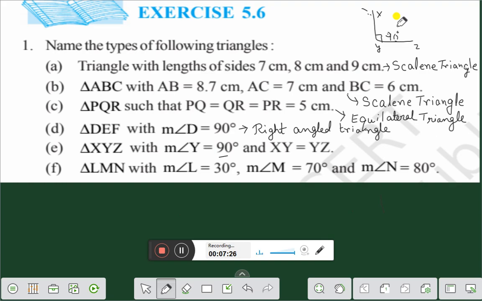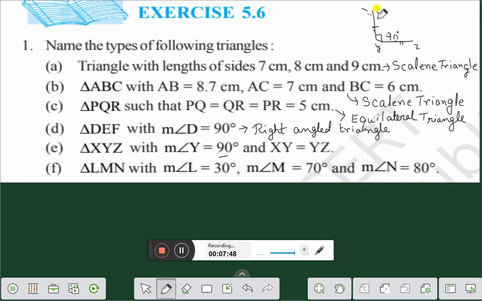Now here you see that triangle XYZ with angle of measure Y equal to 90 degree and XY equal to YZ. This side XY is equal to YZ. This side and this side are same. Right. Then we can name this triangle based on side also and based on angle also.